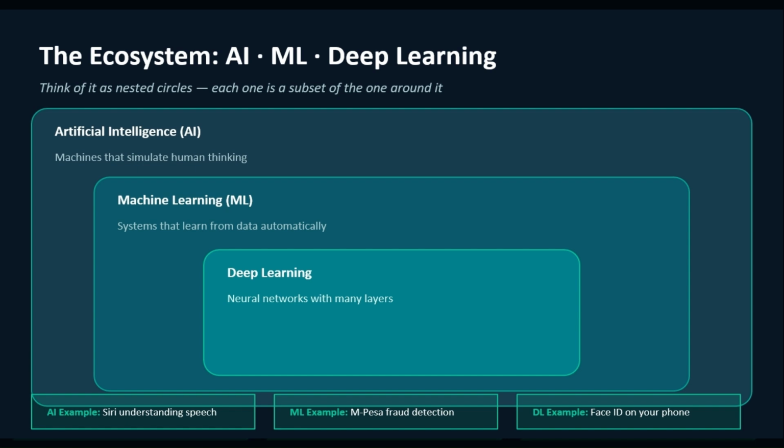For a machine learning example, we have M-Pesa fraud detection. This is one use case of machine learning. Here in Kenya we use Safaricom's M-Pesa a lot to transact in our day-to-day activities. You can use M-Pesa to buy stuff or to send someone money.